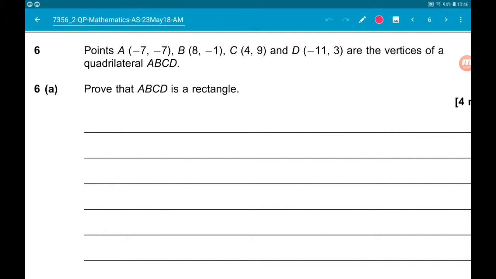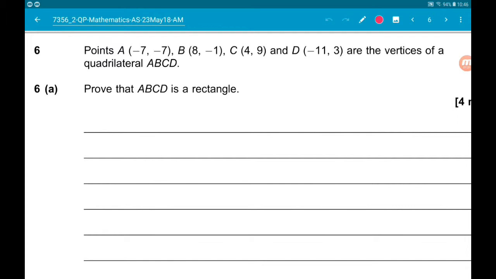So, what we can do is we could either find the gradients of each side and show that the gradients are perpendicular between the two pairs of sides, or we could find lengths of sides and show that the opposite sides are the same lengths, and then we would need to show somehow that the angles between the pairs are 90 degrees.